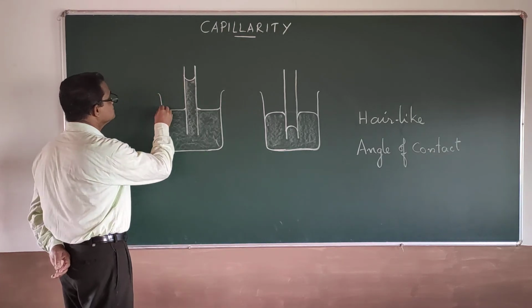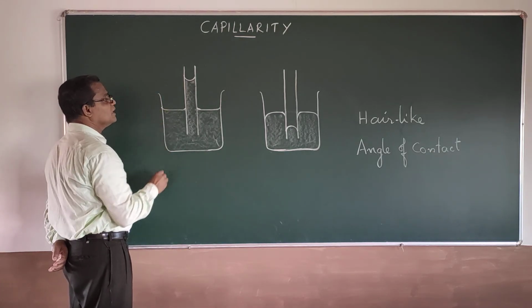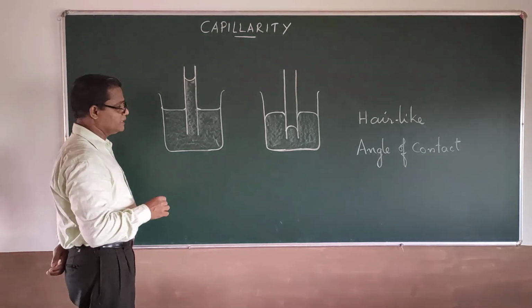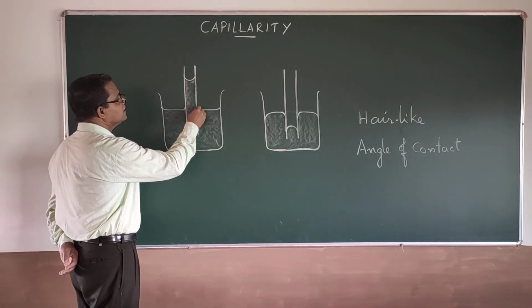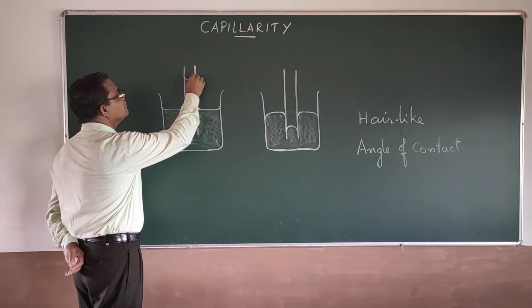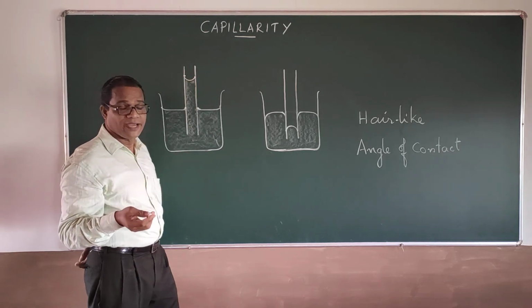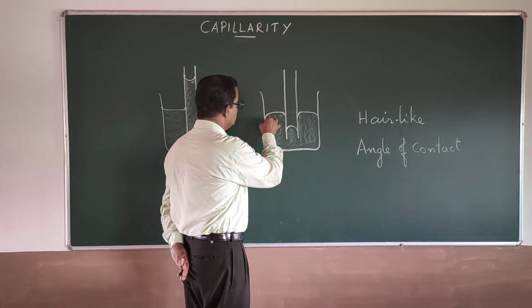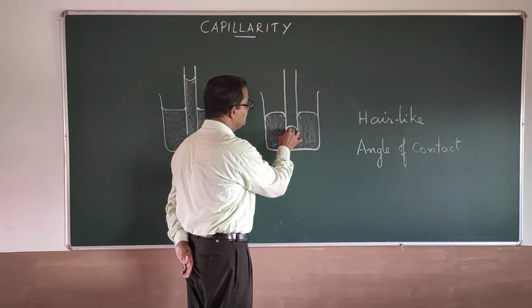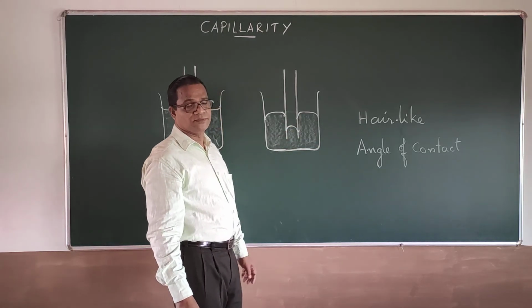For example, this is a point where you can define angle of contact. Here is another, like that. Wherever the liquid comes in contact with the solid, you can define the angle of contact.